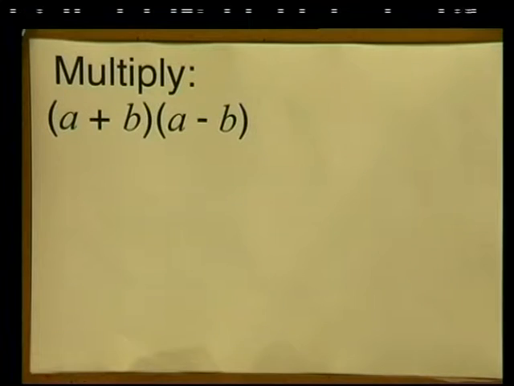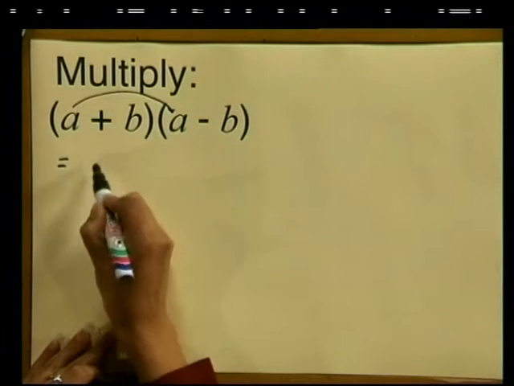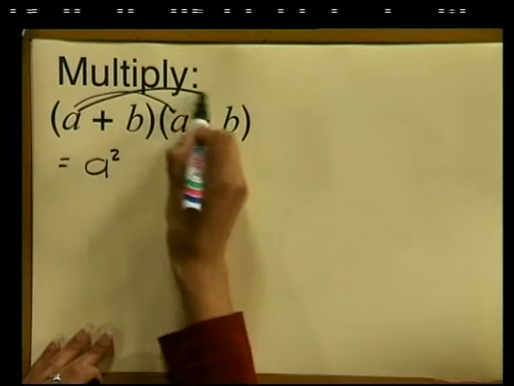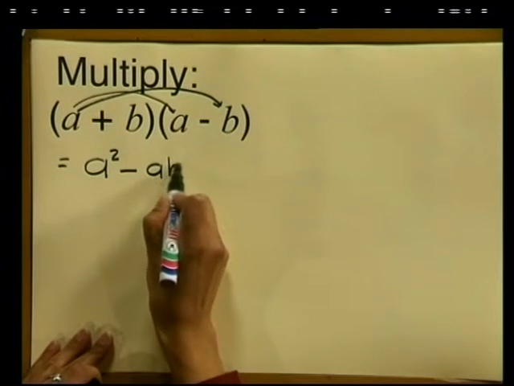Now, in order for you to understand how to solve the difference of two squares, I want you to look at the following process. How do you multiply a plus b by a minus b? Well, a multiplied by a is going to give us a squared. And a multiplied by minus b is going to give us minus ab.